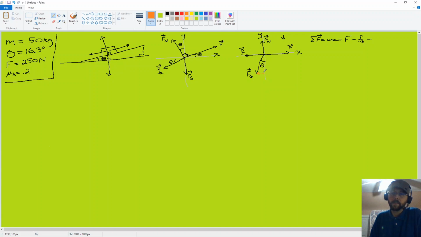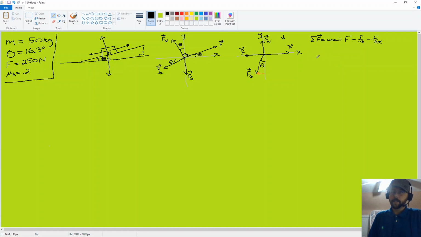That would be this little piece right here pushing in the negative x direction. So force of gravity, now this is the x component, not the whole force of gravity, just the x component of the force of gravity.